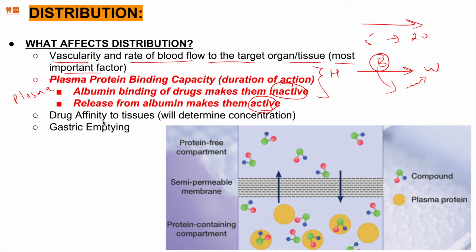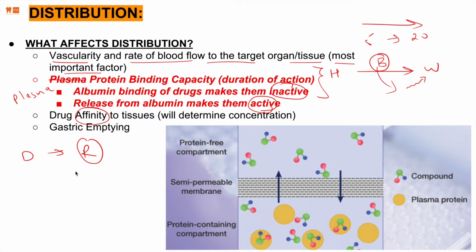Okay, drug affinity to tissues. That will determine the concentration. What does the word affinity mean? Affinity means the attractiveness, the magnetism, right? If a drug is highly attracted to a receptor, then it's going to sit on it and tightly bind to it. How tight it binds to it. Now, if it loosely binds to it, then it won't give proper responses.